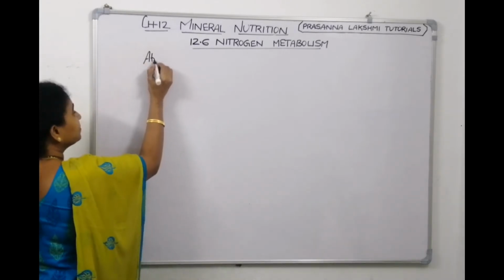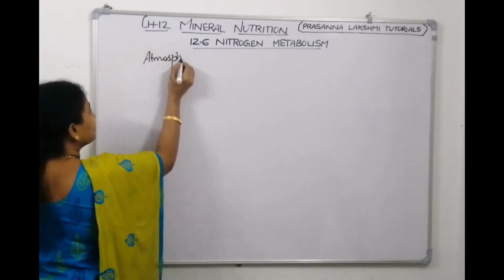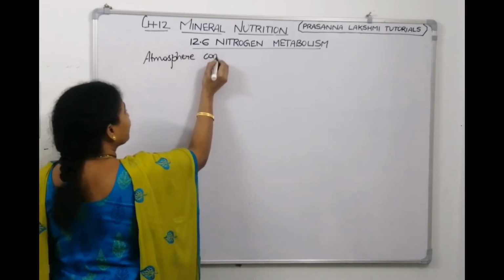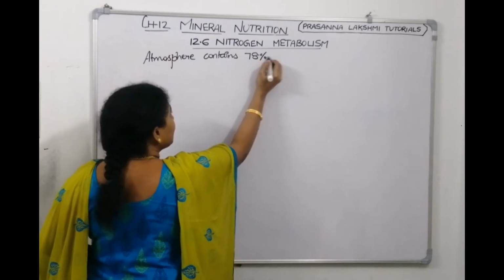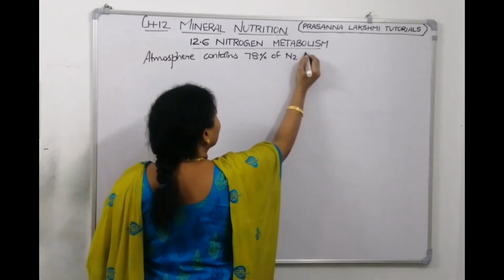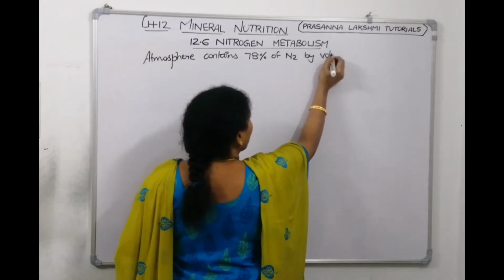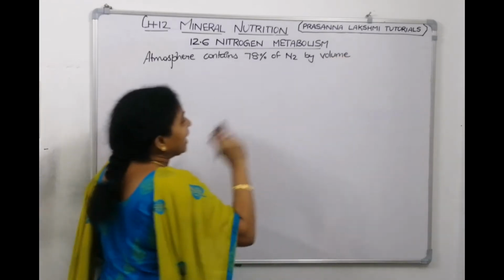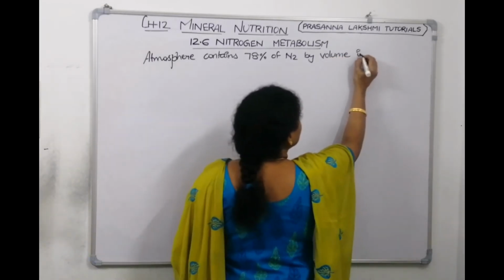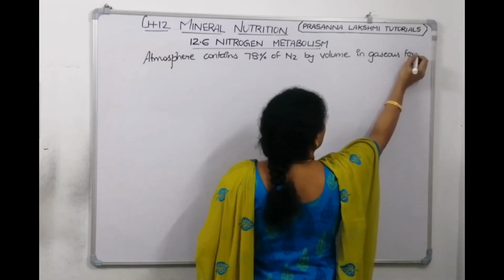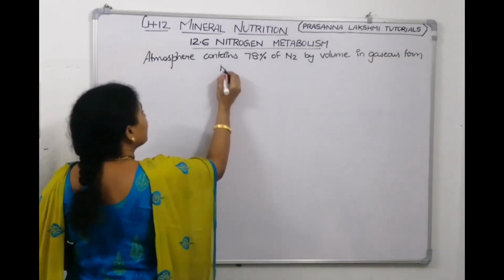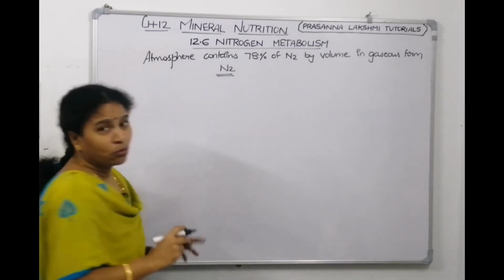Atmosphere contains a very huge amount, 78% of nitrogen by volume. Volume means gas, in gaseous form. In the atmosphere, it is present as N2.